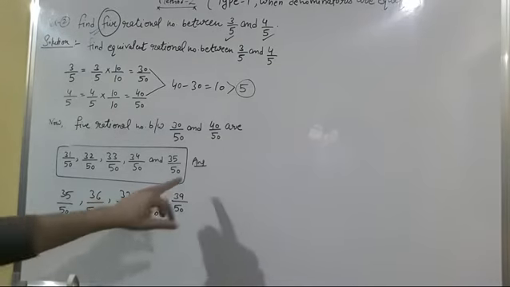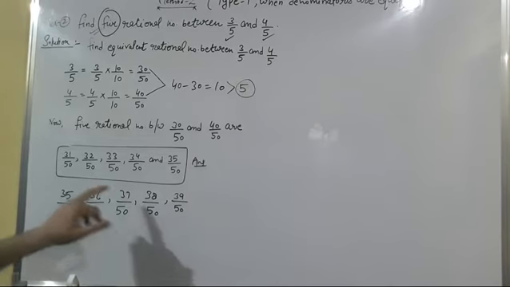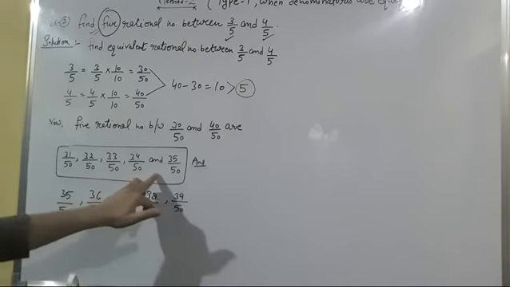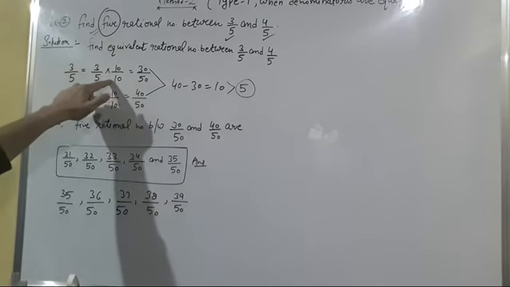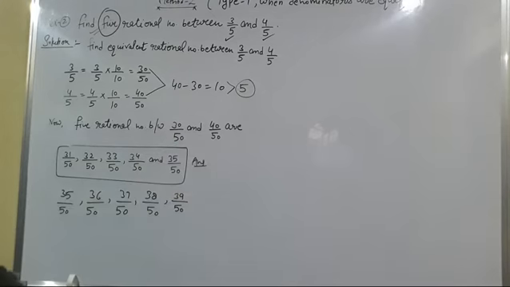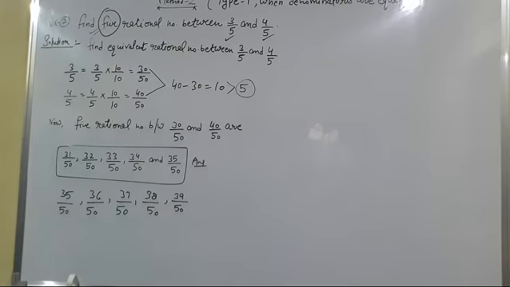Your answers may differ. It is not necessary that you all get the same answers. If you multiply by 8 by 8, then the answers will differ. If you multiply by 10 by 10, then your answers will differ.